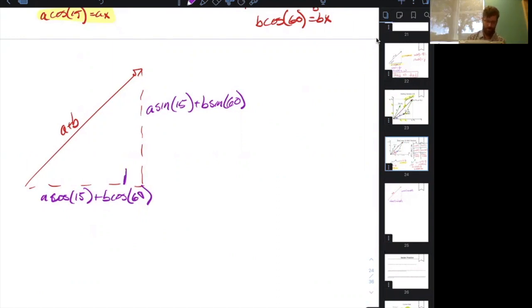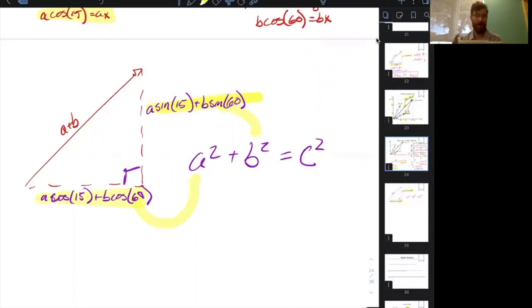We know that all right triangles are equal to A squared plus B squared is equal to C squared. Well, guess what, ladies and gents? You know what your B value is. You know what your A value is. You have those things. All you have to do is plug them in to find your value of C, the magnitude of your hypotenuse.